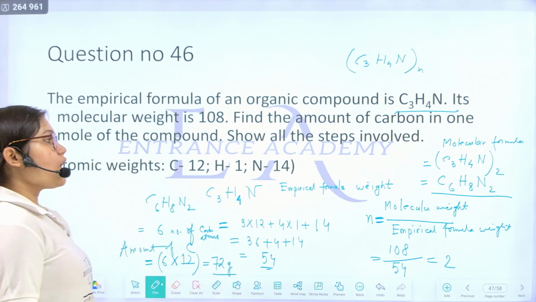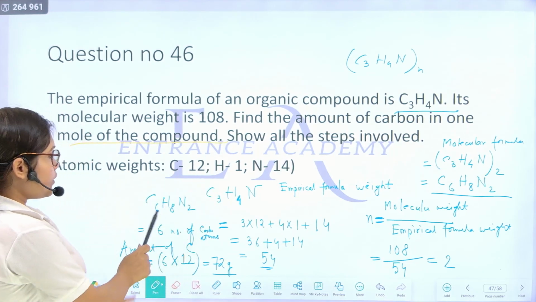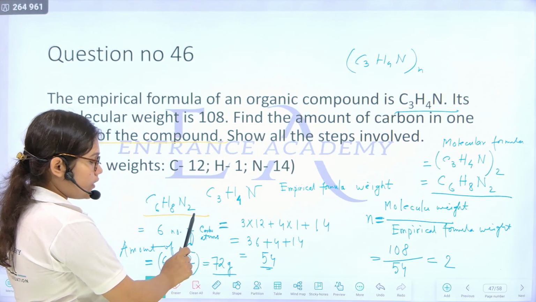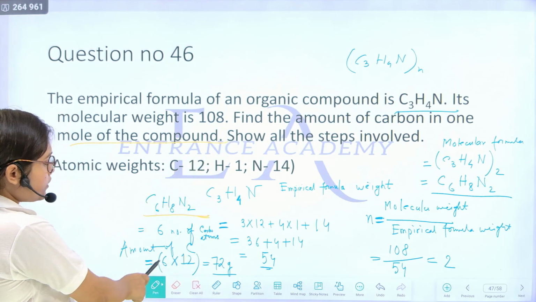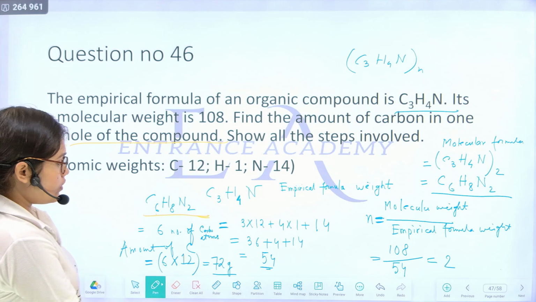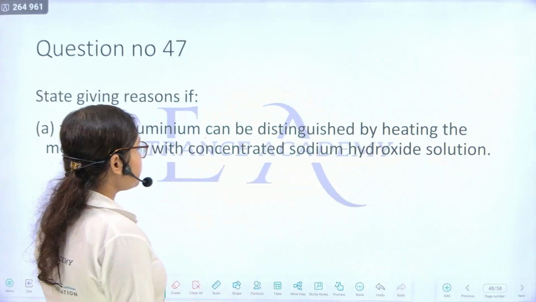The amount of carbon in 1 mole of the compound is 72 grams. Number of carbons in 1 mole is 6, the amount of carbon 6 into 12, 72 grams. This is the answer. Next question.